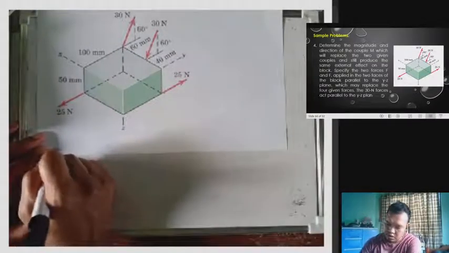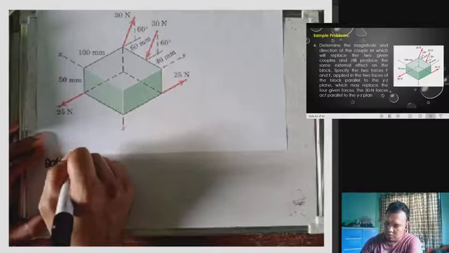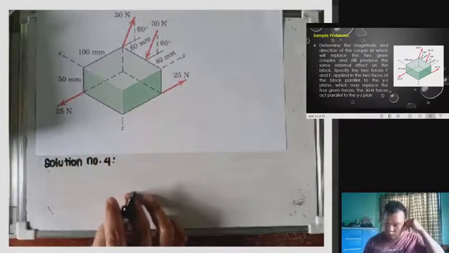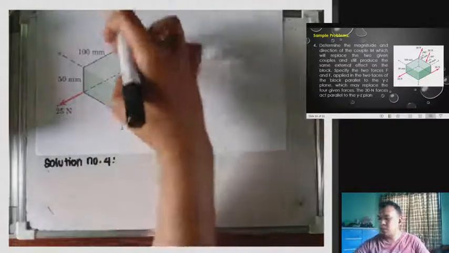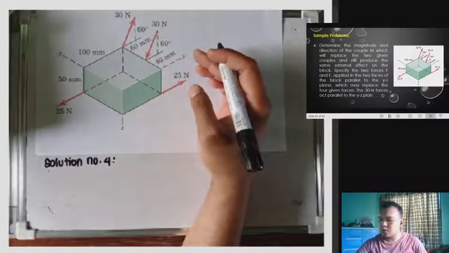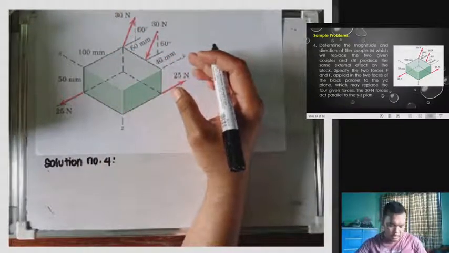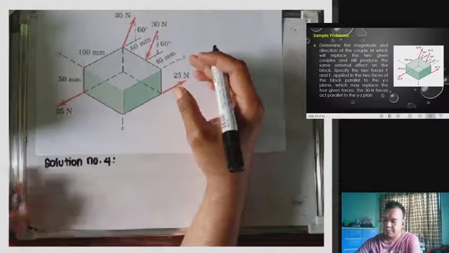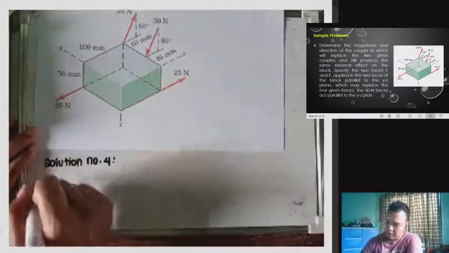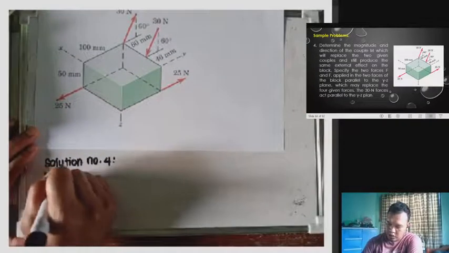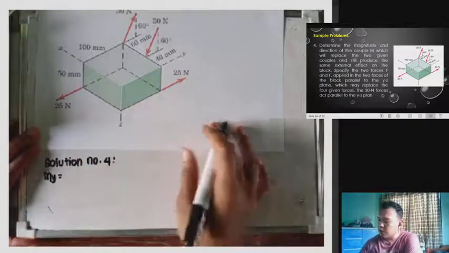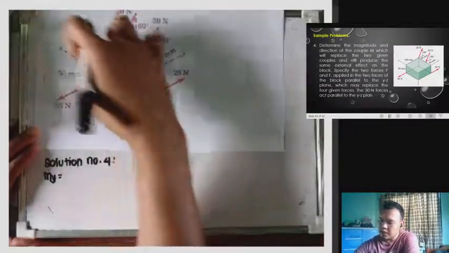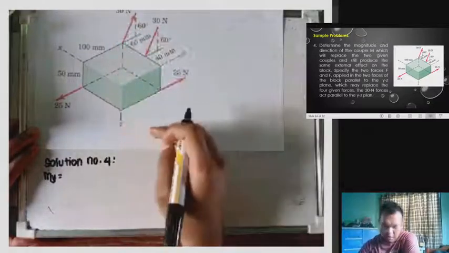Solution number 4. So, we have here moment, couple. Kukunin natin yung couple moment at y and z axis, kasi yun naman yung hinahanapan natin ng plane. So, we have here moment at y. Yung y axis natin is ito, at ito yung x axis natin, then z axis natin is naka-vertical.